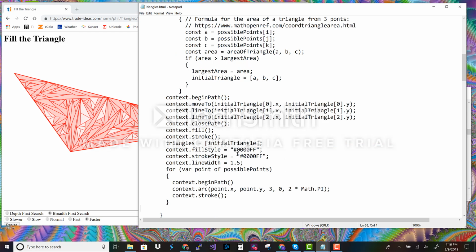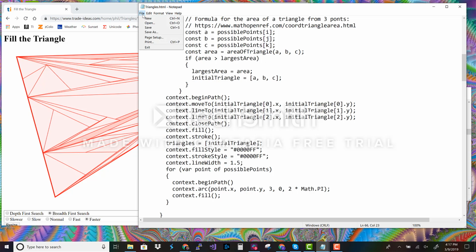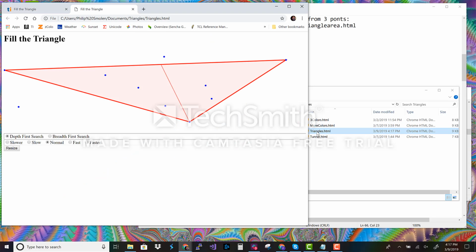So we'll draw a blue circle. In fact, say fill instead of stroke. Save. And let's load this.